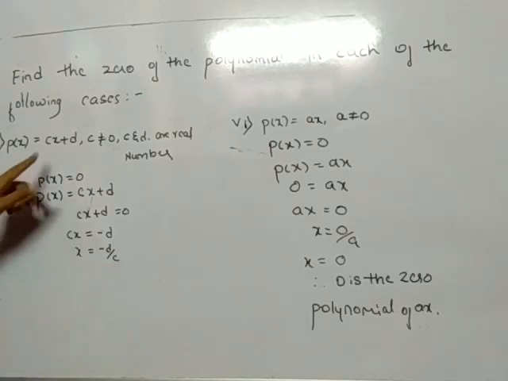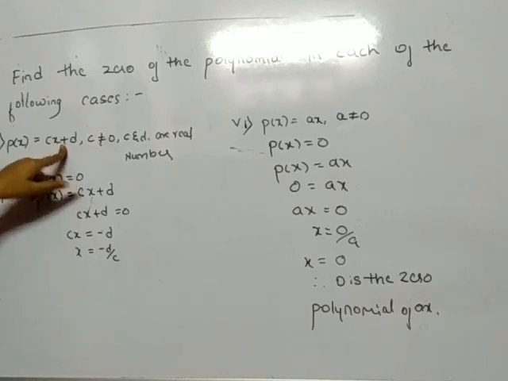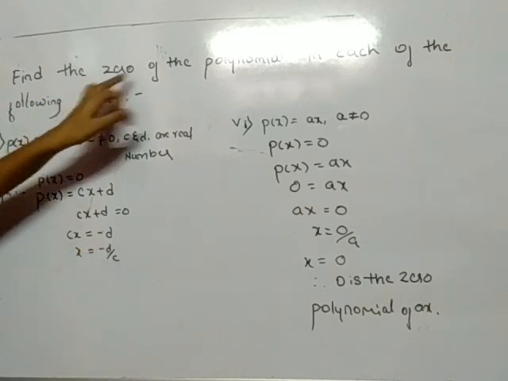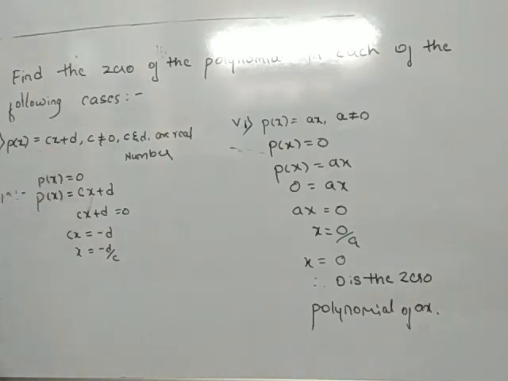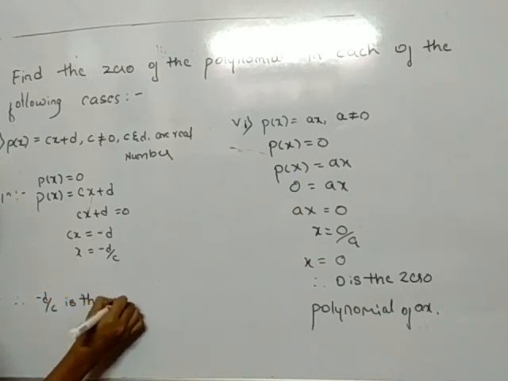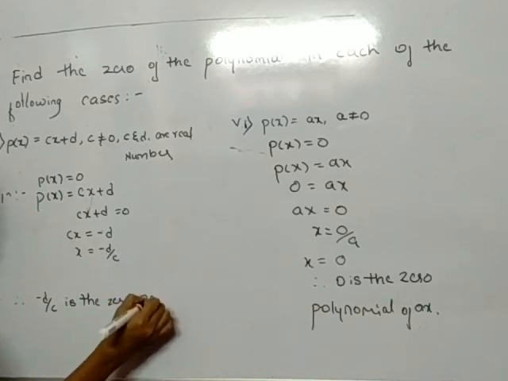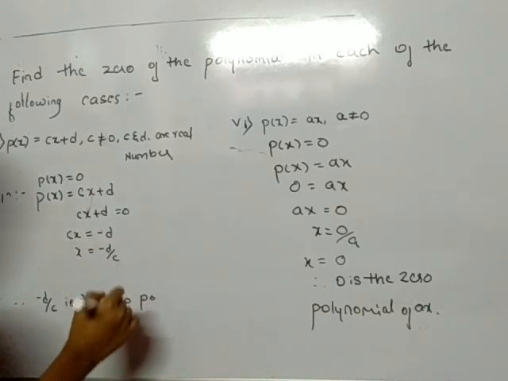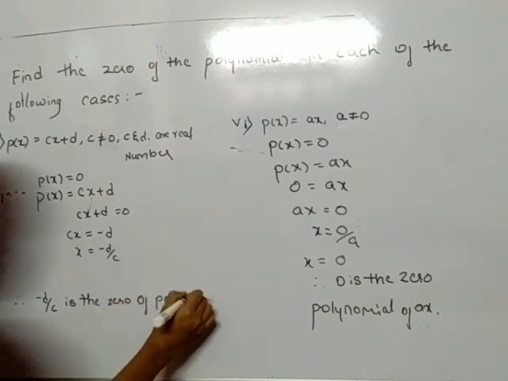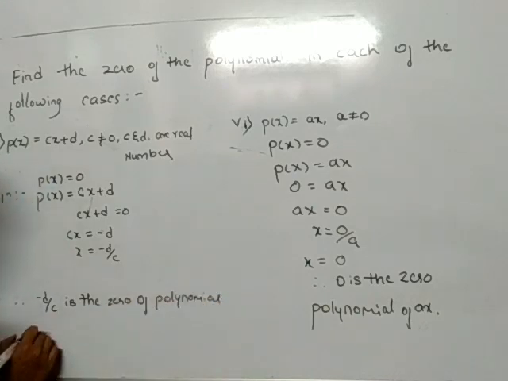If I substitute the value of x in the given polynomial, we will get P of x equal to 0. Therefore, minus d by c is the zero of the polynomial cx plus d.